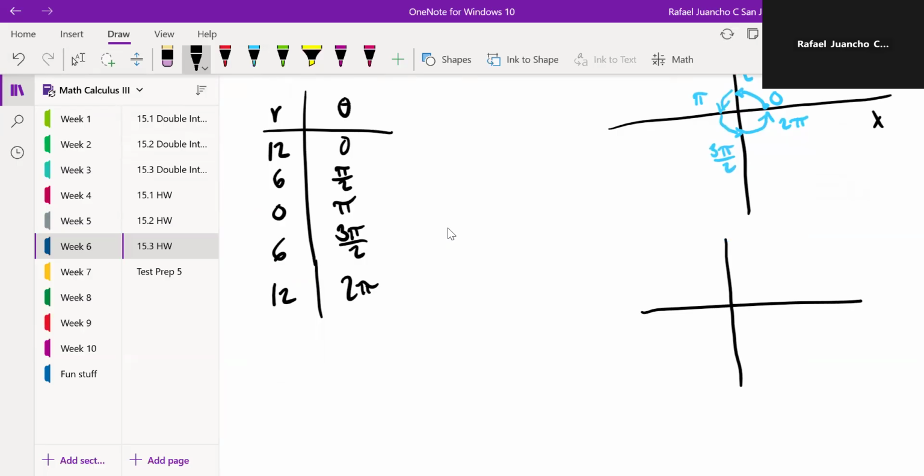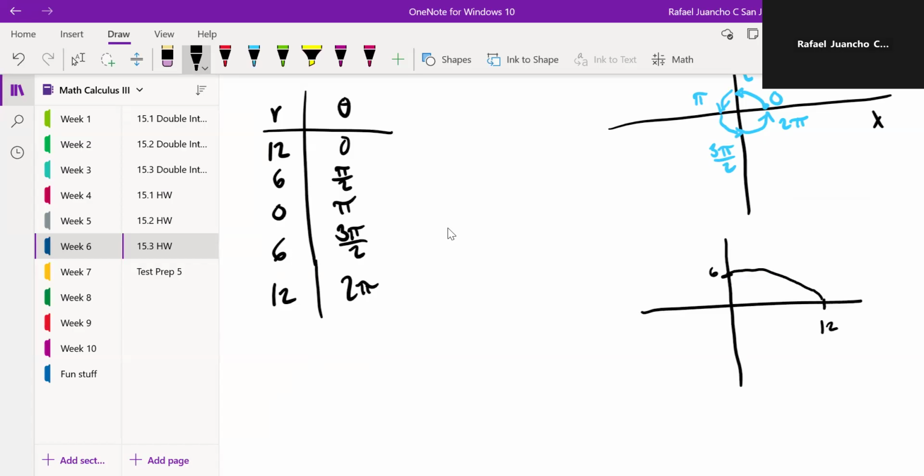I start at 12 as my radius, assuming I'm at the origin and I haven't rotated yet. Now at pi half, when I rotate here, I'm going to get the 6. Because I'm rotating, I still don't know how to define this curve mathematically. Why not just a straight line? Well, because it's rotating. But how steep is that curvature?